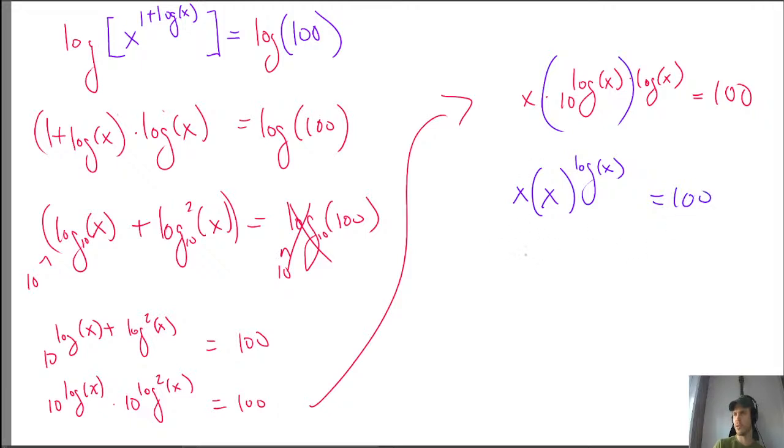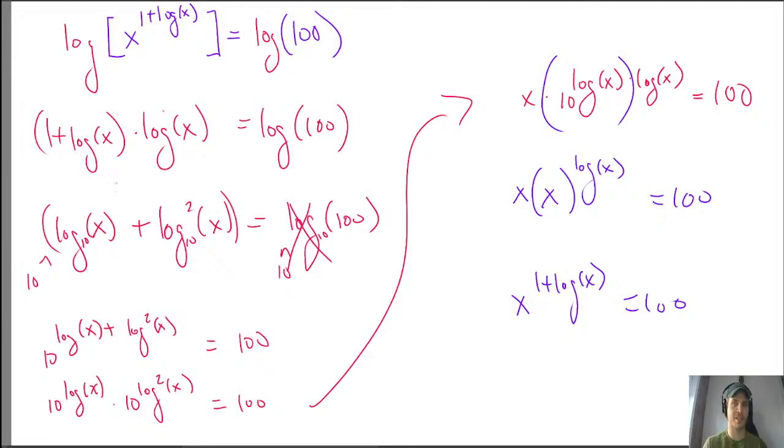Let's see, does that get us any closer? So then this is same base. Oh yeah, I think I just undid the whole thing. That's 100. Okay, where does this now work out?